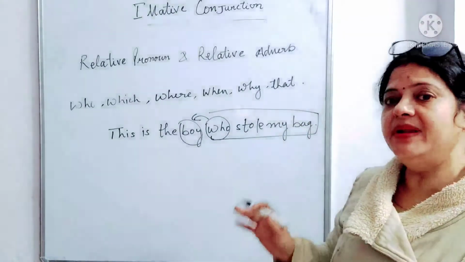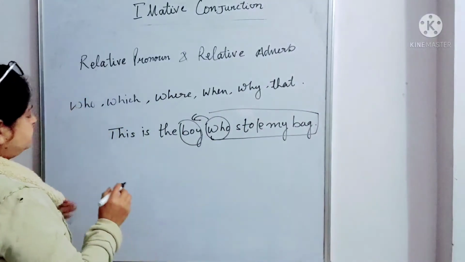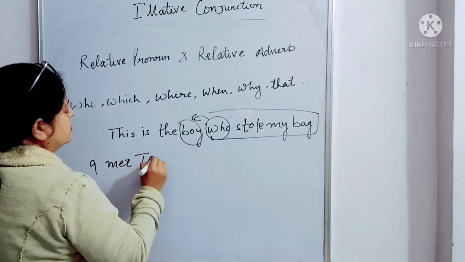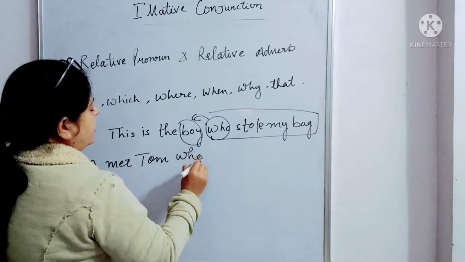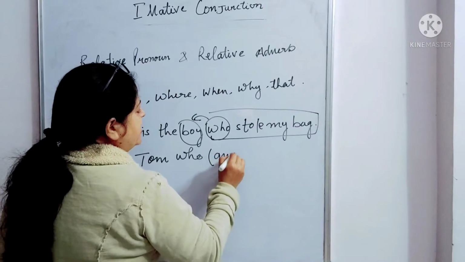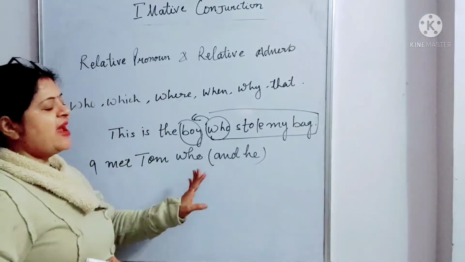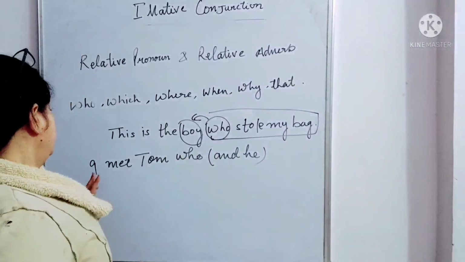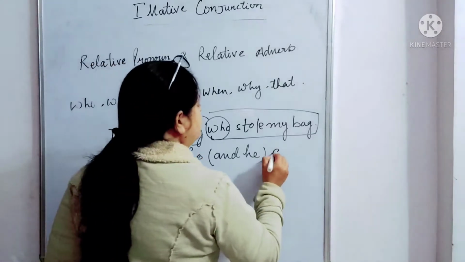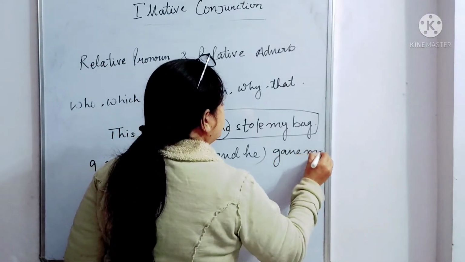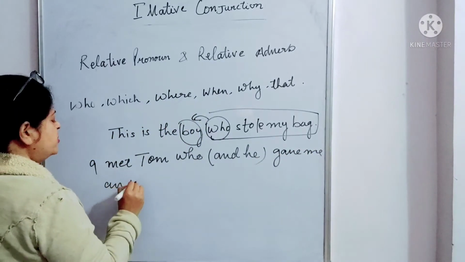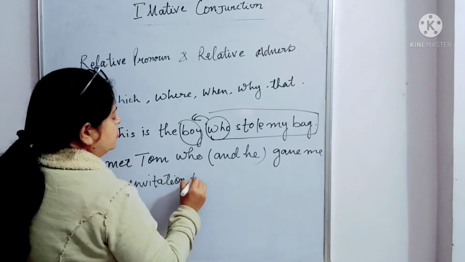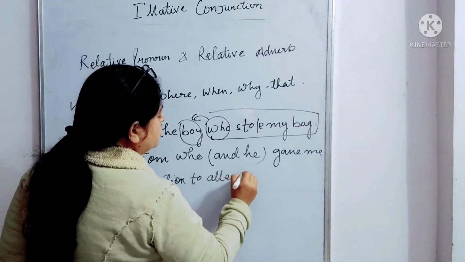If I give an example, like if I say, I met Tom who, I'm writing in brackets, and he. Actually it is giving the impression of and he, since it is in continuation. I met Tom who gave me an invitation to attend the seminar.